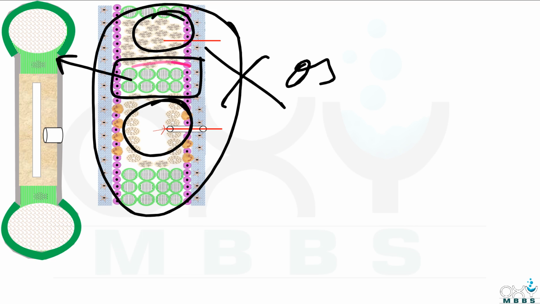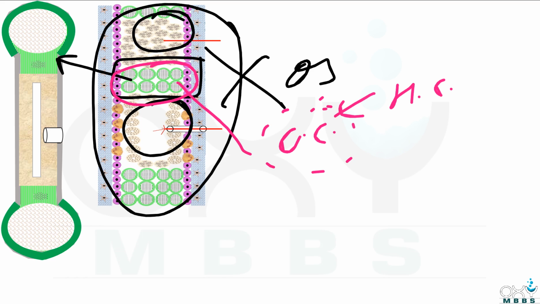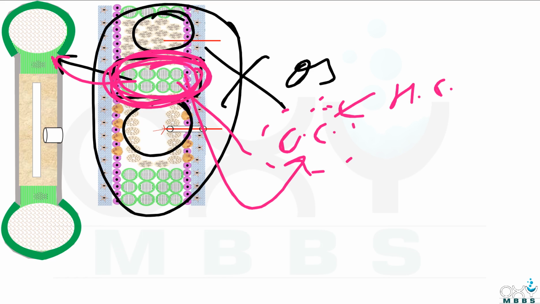As you know, this part contains chondrocytes with extracellular matrix, that is hyaline cartilage. It means this part containing hyaline cartilage with chondrocytes is called the epiphyseal or growth plate. As it looks like a plate, that is why it is called the epiphyseal or growth plate.